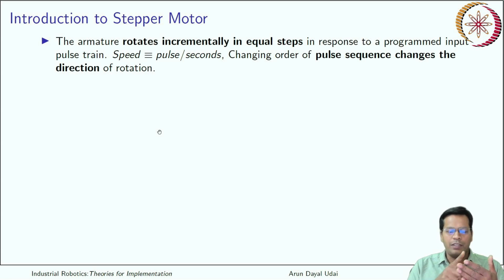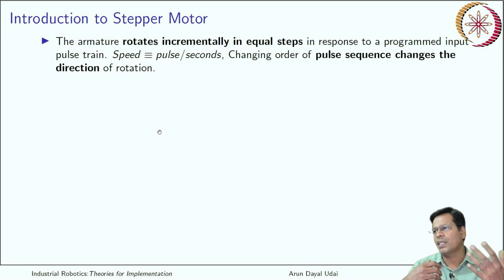Different pulse orders will have different positions on the circular dial of your stepper motor. So changing the order of the pulses changes the direction of the rotation. We'll see this when we actually discuss stepper motors.